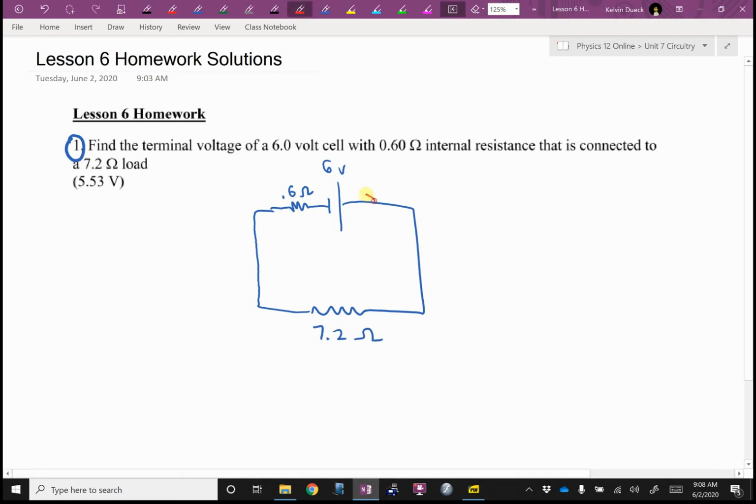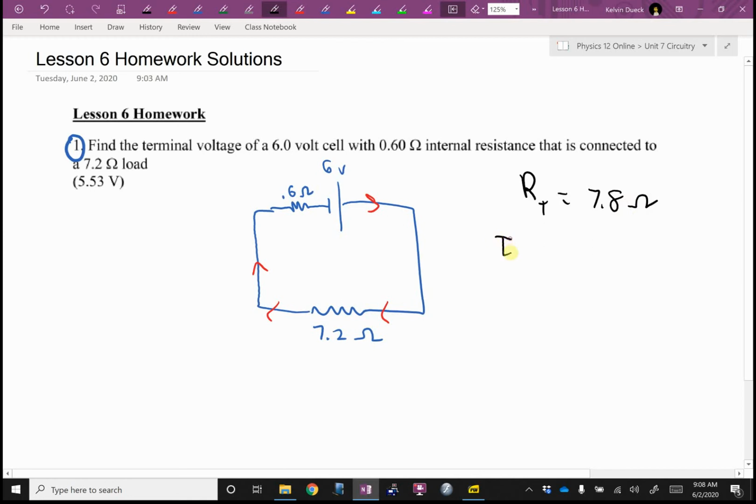Okay. Step 1, the label down here. Step 2, find total current. Don't know it. You know what? I'm going to jump right to step 5, which is rewrite this. Our total, because those two resistors are in series, is going to be 7.8 ohms. I went 7.2 plus 0.6.